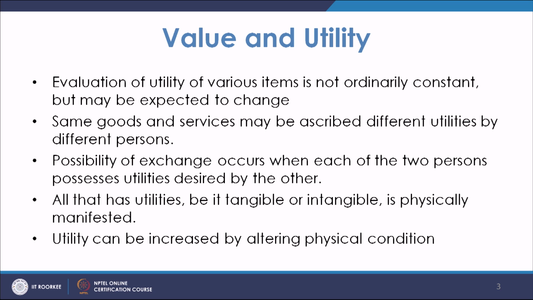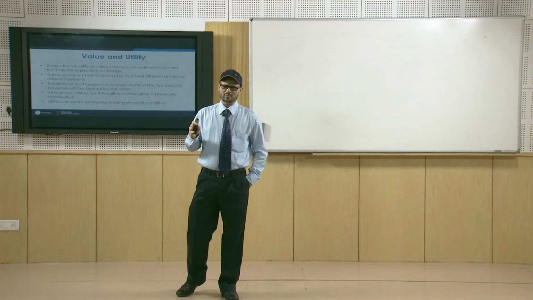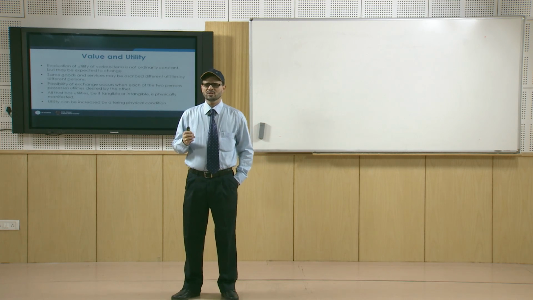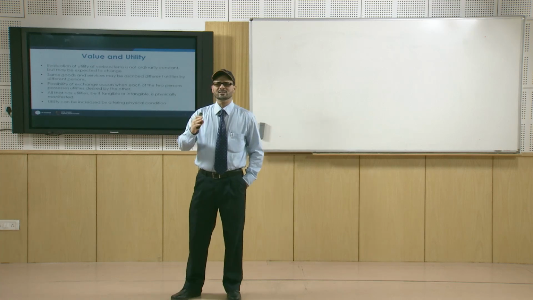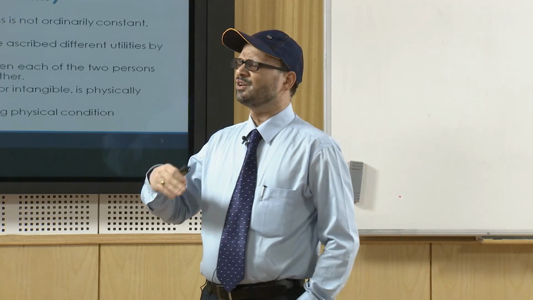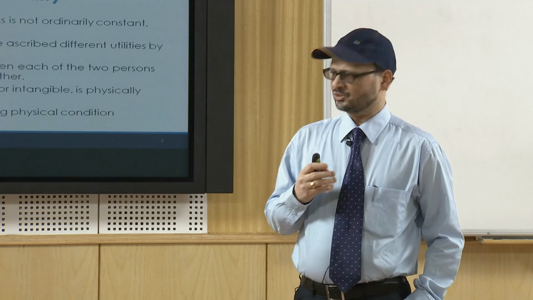Now, the evaluation of utility of various items is not ordinarily constant, but may be expected to change. Basically, the utility of an item will be changing. The utility of a cloth which is to be used in the winter season will be less in the summer season. So, basically, with time the utility of any object changes.